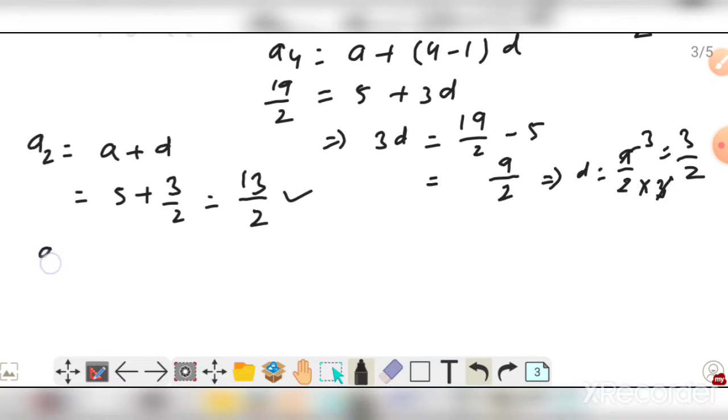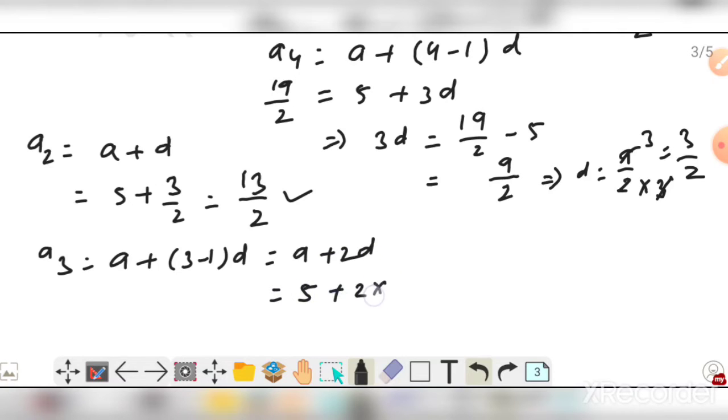A3 will be A plus (3 minus 1) into D, equal to A plus 2D. So this will be 5 plus 2 into 3/2. The 2s cancel, this will be 8. So 13/2 and 8 will be the second and third terms of that series.